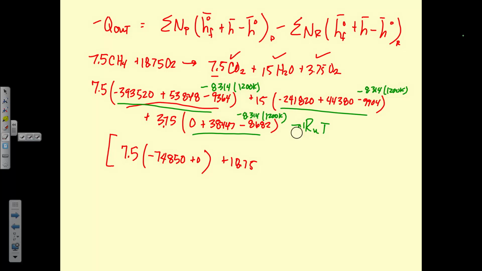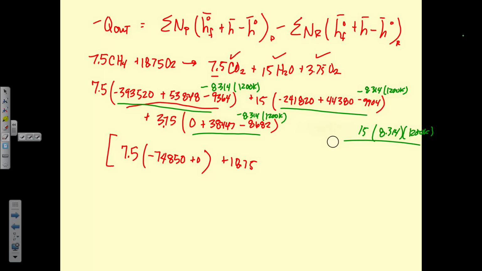An alternate way of doing that, if you didn't write it in those brackets and didn't want to erase and rewrite everything, is you could add up all of the moles, so you could do 7.5 plus 15 plus 3.75 times 8.314 times 1200 K, and just subtract it off there. So either subtract it initially or subtract it here. Don't do both.